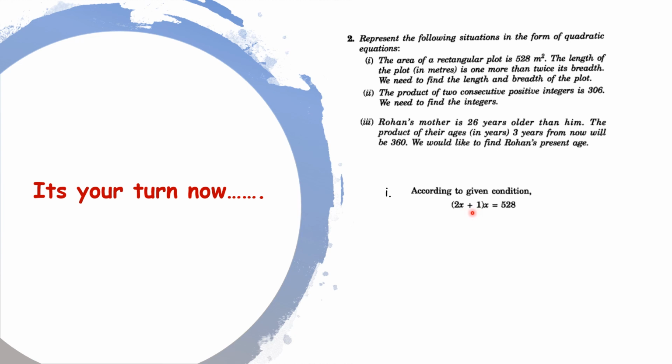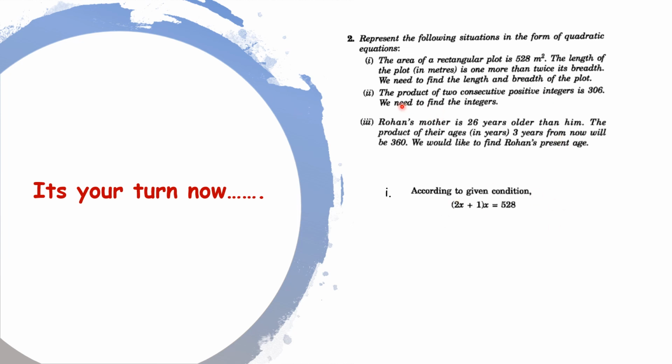So 2x plus 1 is your length, and breadth will be x. So you will just assume breadth as x. The product of the length and breadth, that is area, is equal to 528. So length into breadth is equal to 528. If you solve this, you will get the quadratic equation. Will you try this, children?